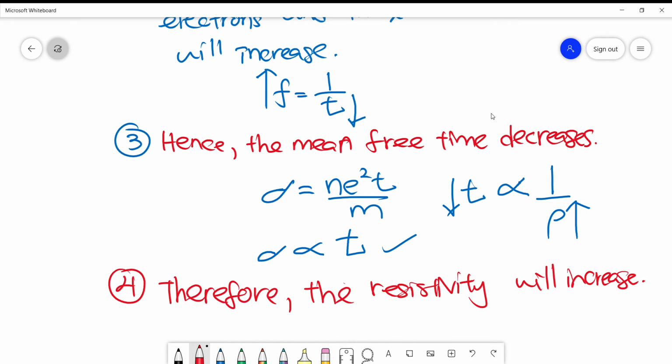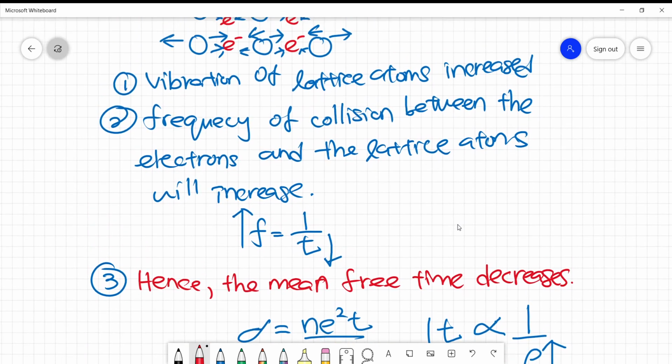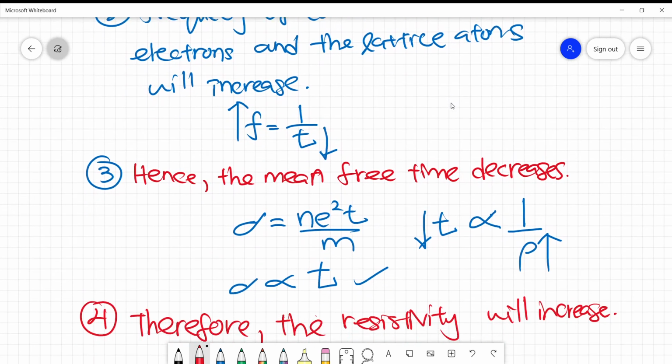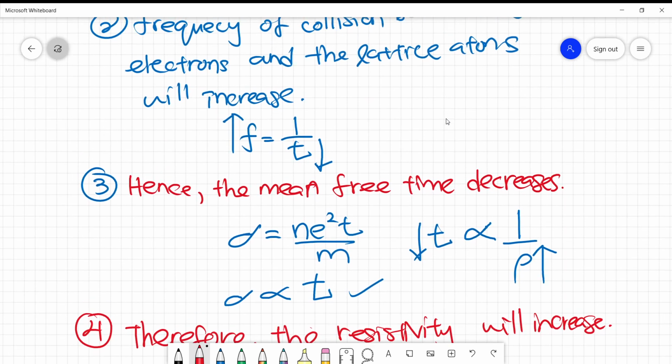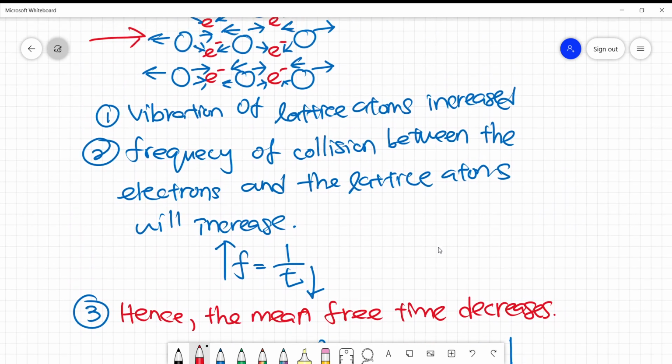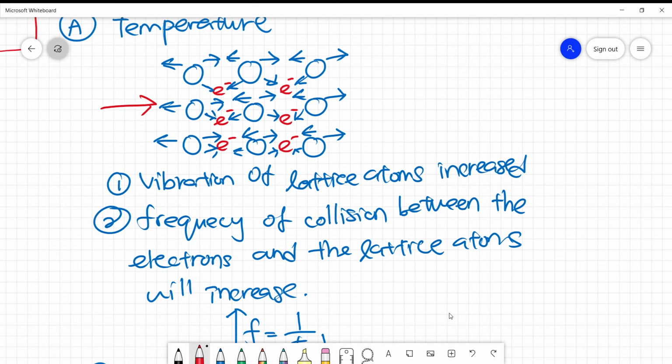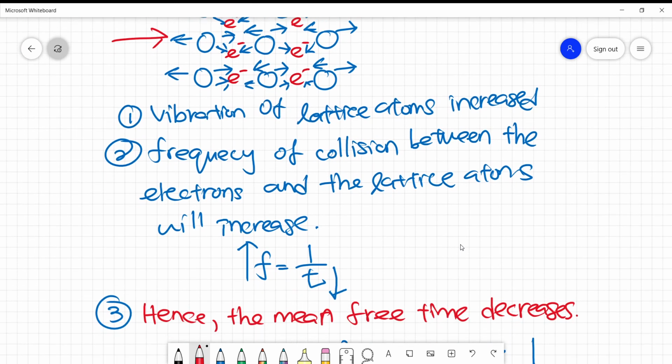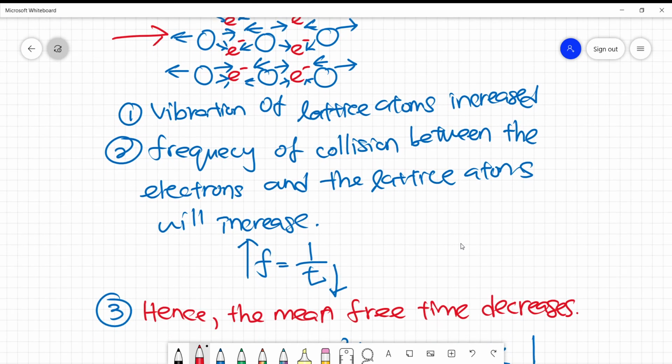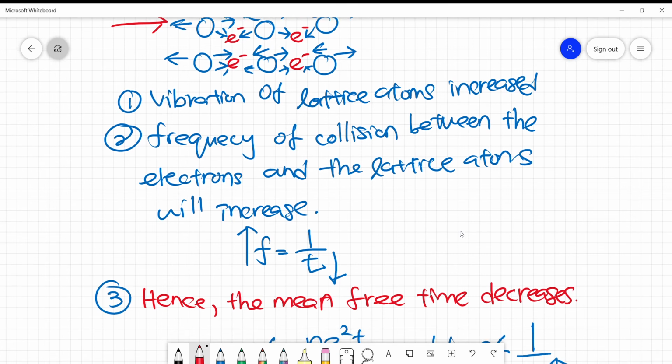Okay, so this is the factor affecting the mean free time. For the first one, when the temperature increases, the vibration of the lattice atoms increases. The increased vibration causes the frequency of collision between the electrons and the lattice atoms to increase.